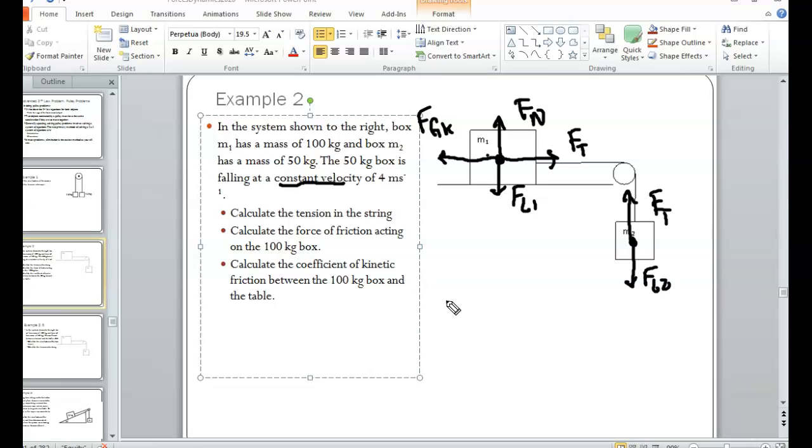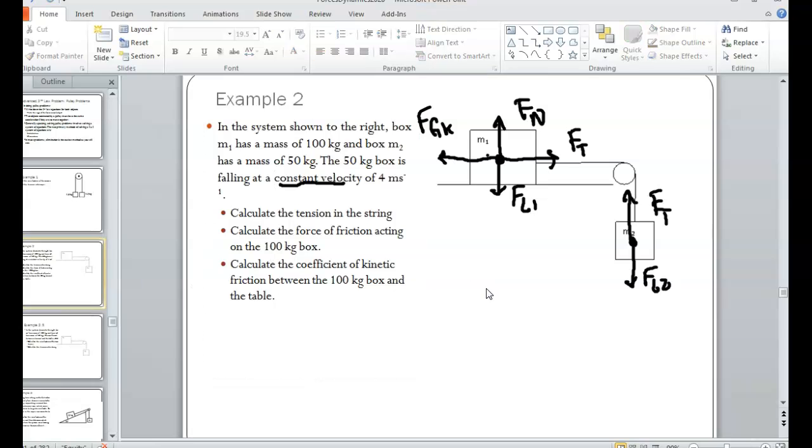So I write out my second law equations. For mass 1, I have F net x equals M1AX. Is the object accelerating in the x direction? No, because the box is falling with a constant velocity. M2 is falling with a constant velocity, which means M1 is also moving at a constant velocity, which means it is not accelerating in the x direction.